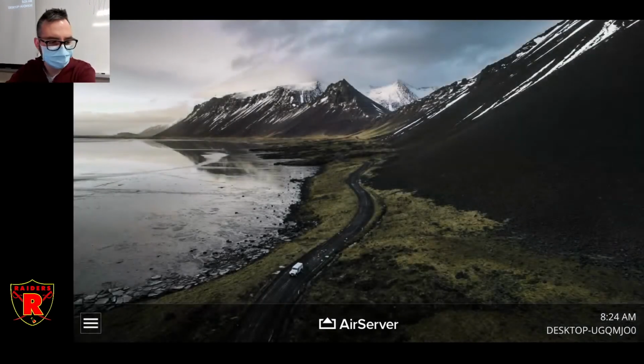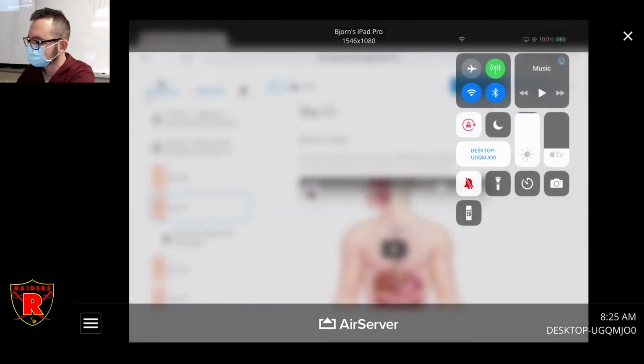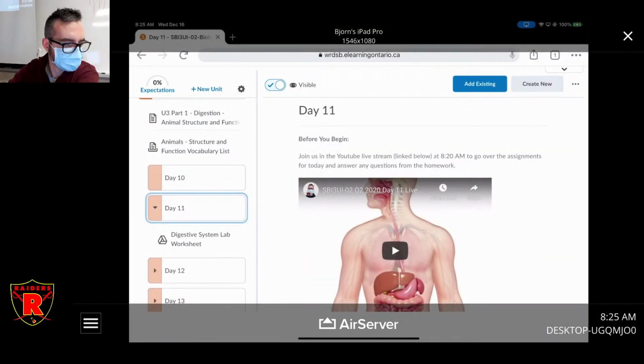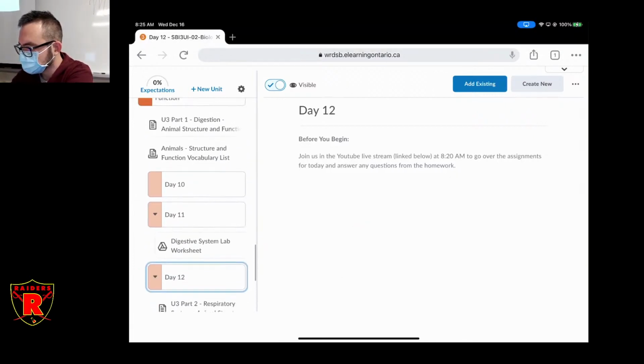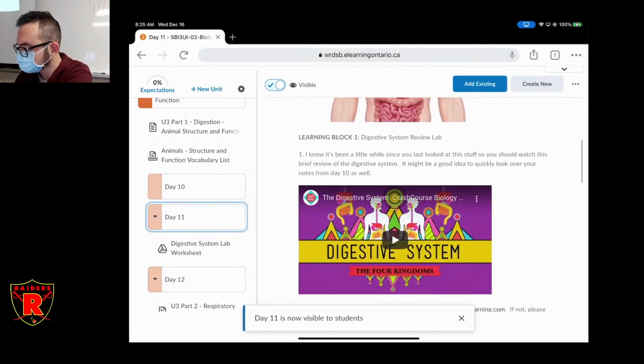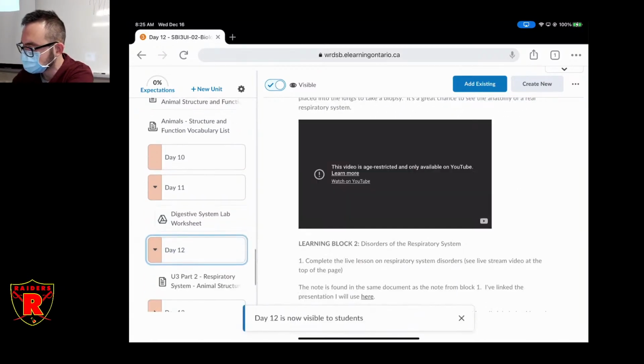We're going to keep going with the respiratory system. That's yesterday. Day 12.